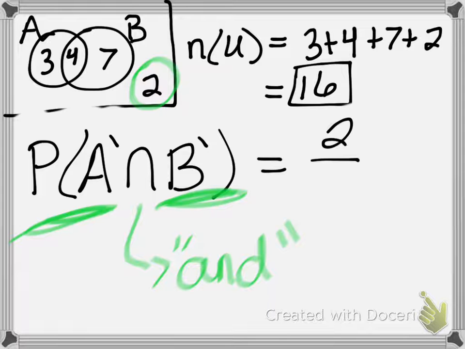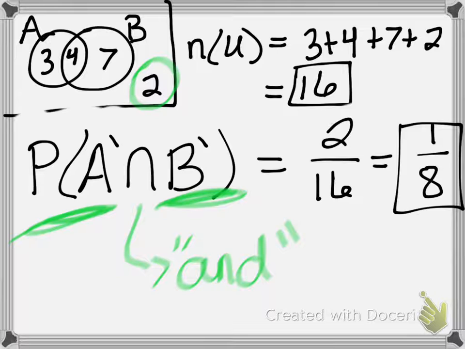So that's 2 out of 16 people, which is 1/8. You can also write the decimal or the fraction.